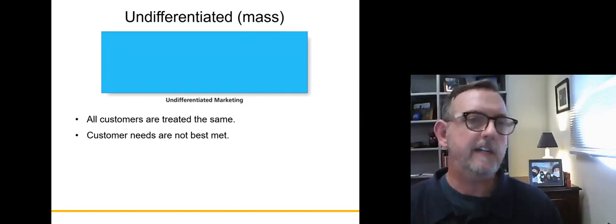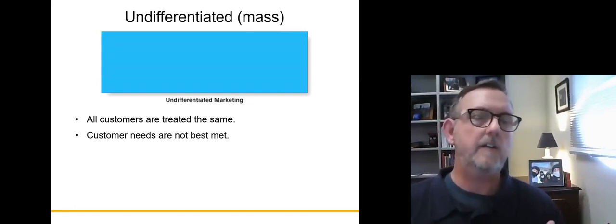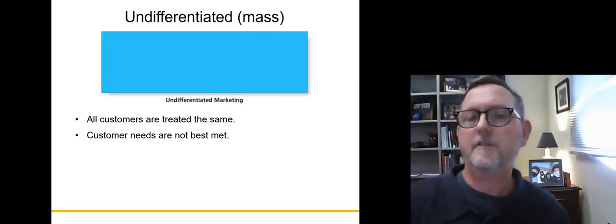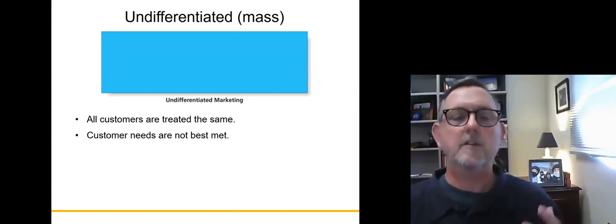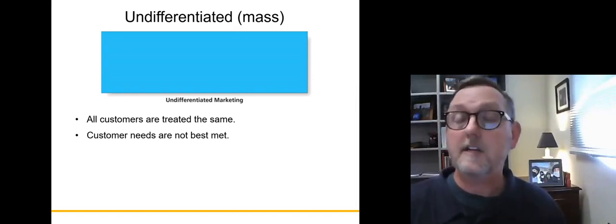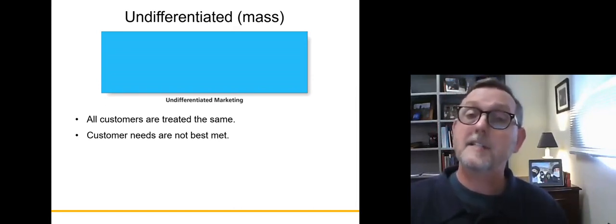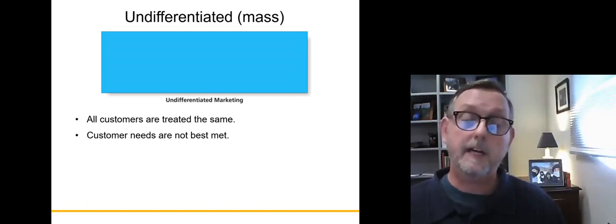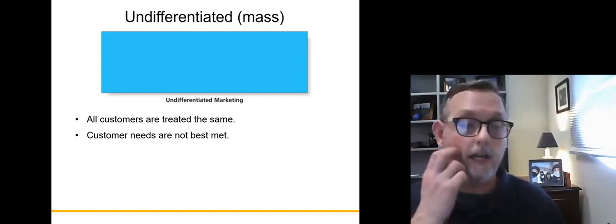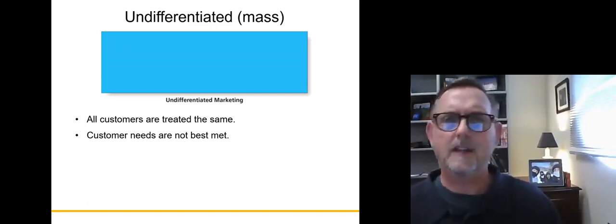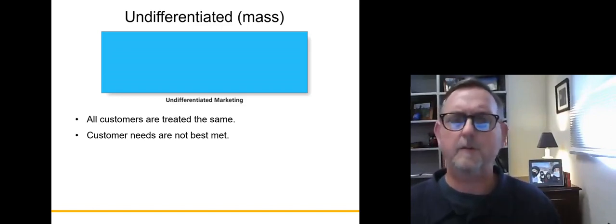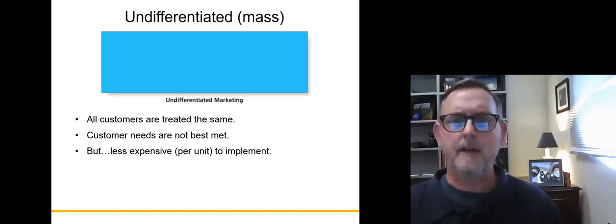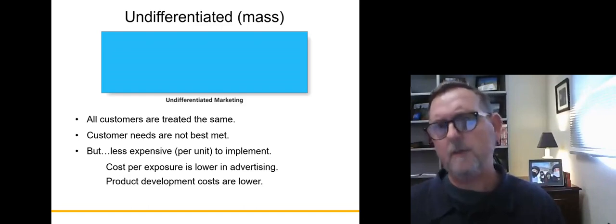Now, the problem with this is that customers don't feel unique. It's not like they feel like anything was done specifically for them. And so their needs are oftentimes not best met. In other words, we could probably meet their needs better by customizing the product and our marketing mix, but that's not what we're doing. We're trying to reach everybody with the same marketing mix.